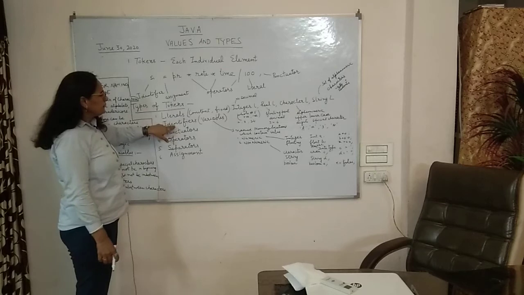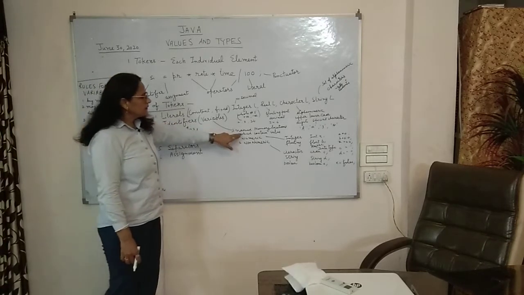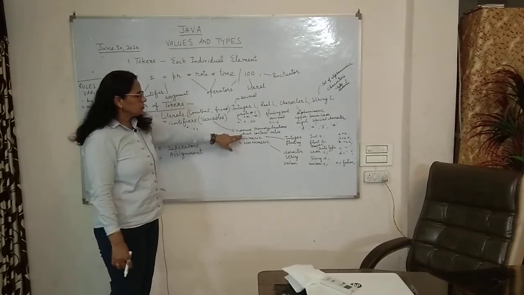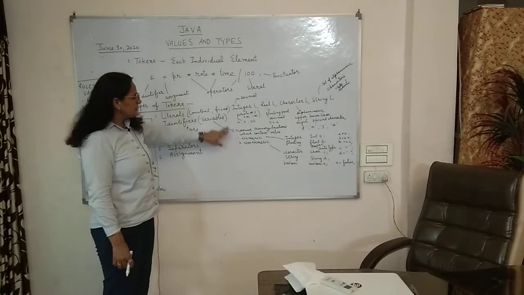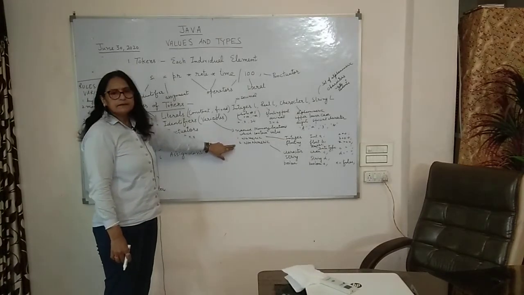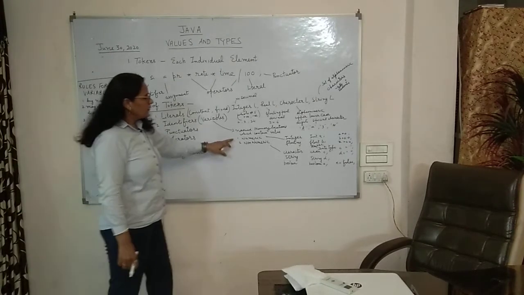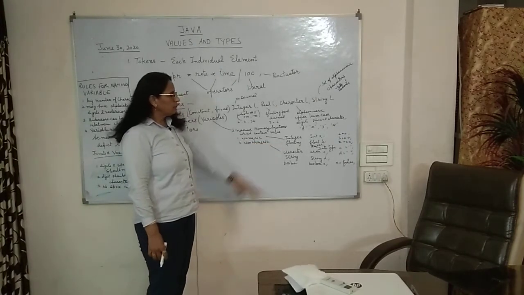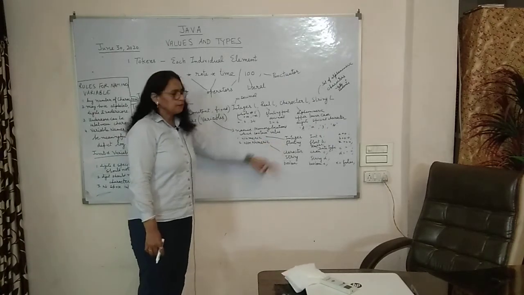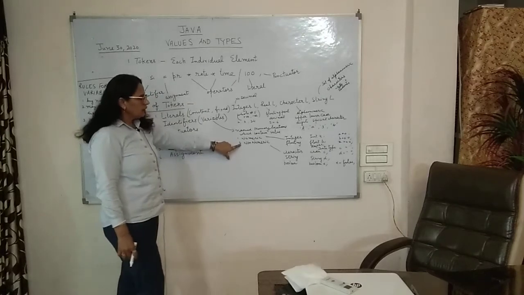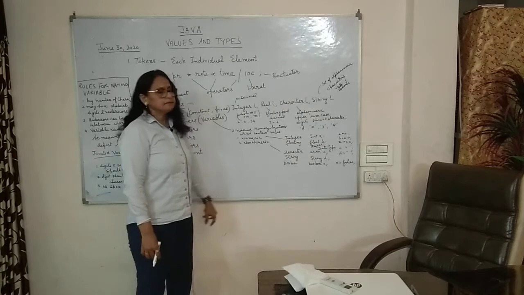Identifiers are also called variables, and variables are the named memory locations which contain values, as I have already explained to you. Now these variables are of two types, numeric and non-numeric. Numeric variables are again of two types, one is integer, second is floating. Non-numeric are of three types: character, string, and boolean.